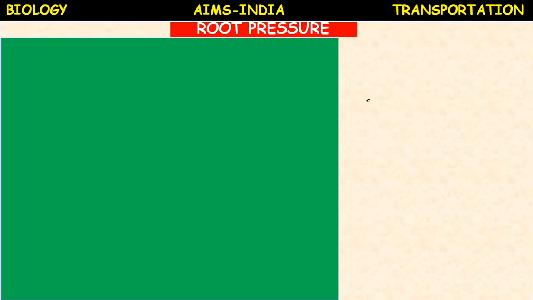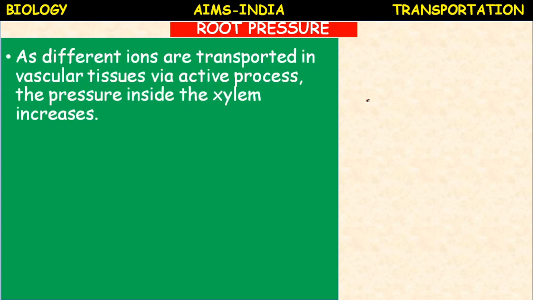Root pressure. The next important concept is root pressure. Root pressure is a positive pressure that develops in the xylem sap of the roots of some plants and is a manifestation of active water absorption. This root pressure is more during the rainy season.